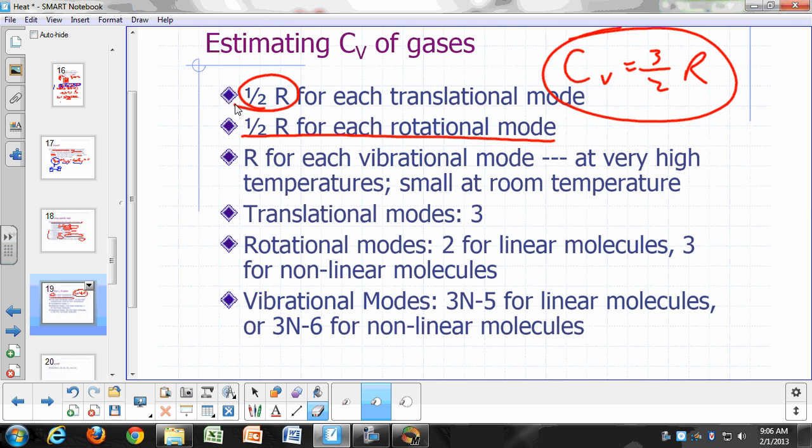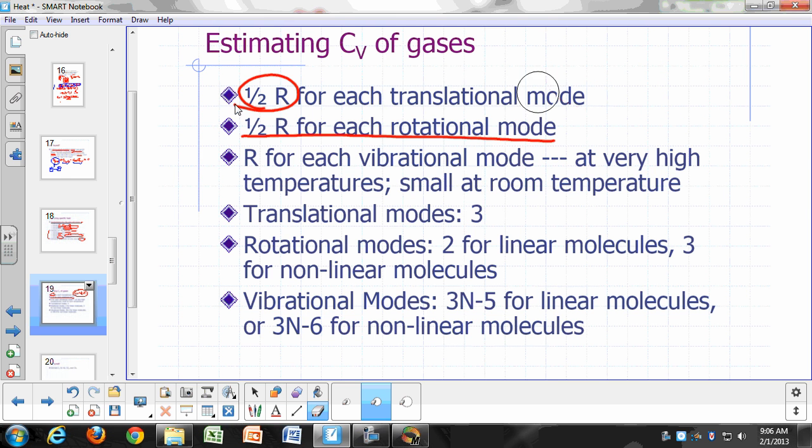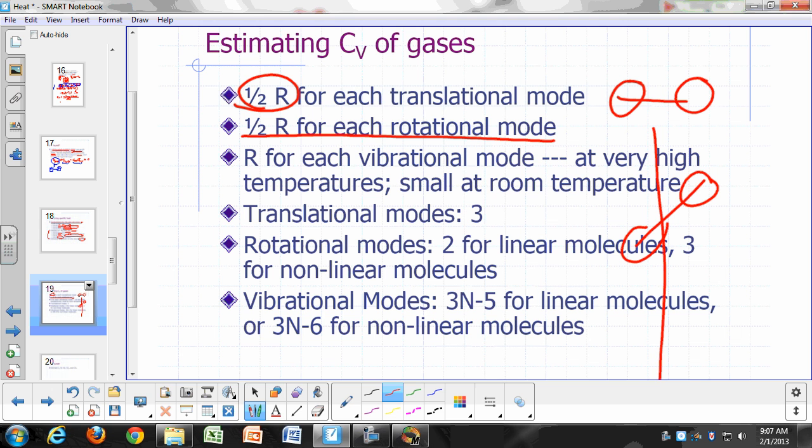You remember from last semester, if you have a linear molecule, then you say that a linear molecule has 2 rotational modes. When we did the transformation of coordinates from Cartesian for each atom into translational plus internal coordinates, you find that if you have a linear molecule, you're going to need 2 angles to define the orientation of that molecule in space, theta and phi.